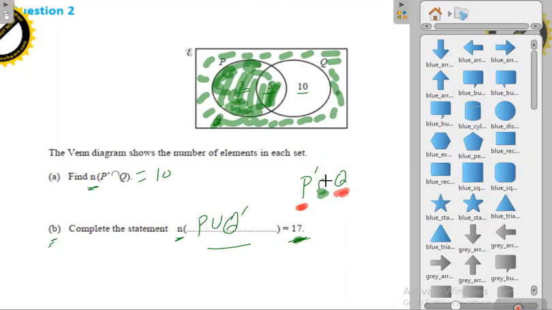That will have the 17 elements. Because you can notice that I shaded this one, it makes 8, and 9 are here, 17. So inside P and outside of Q, I did not go inside the Q, because this region is shaded when I shaded for the inside, and after that I did not erase anything. When you don't erase anything, we put the union sign. So that is why it's P union Q dash. Okay.